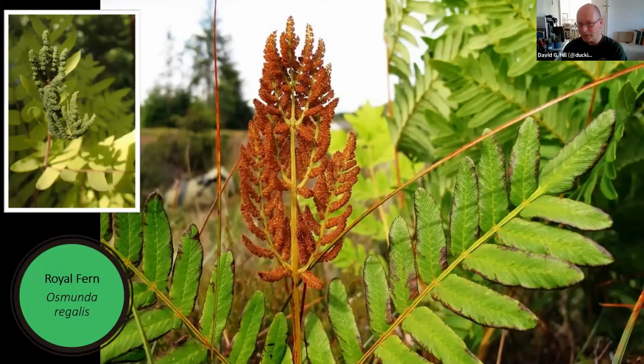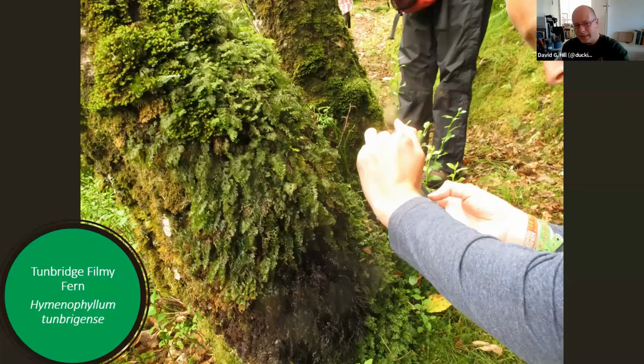They can't be stored. A lot of fern spores can be stored and then sown later, but Osmunda can't. We go from the very large to the very small. I'll come back to Osmunda a bit later.